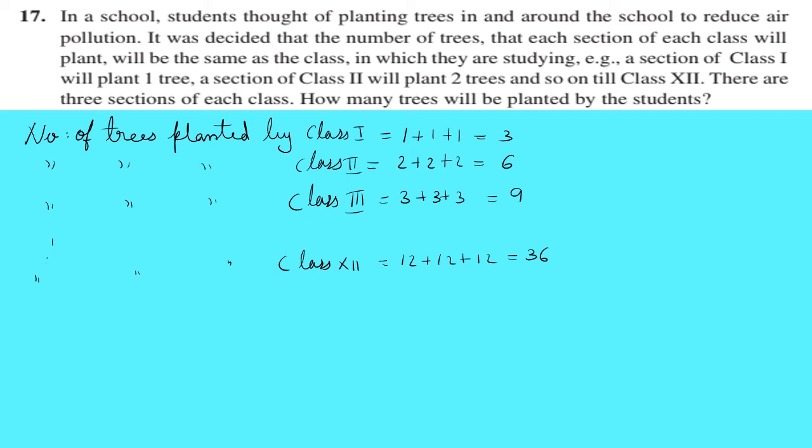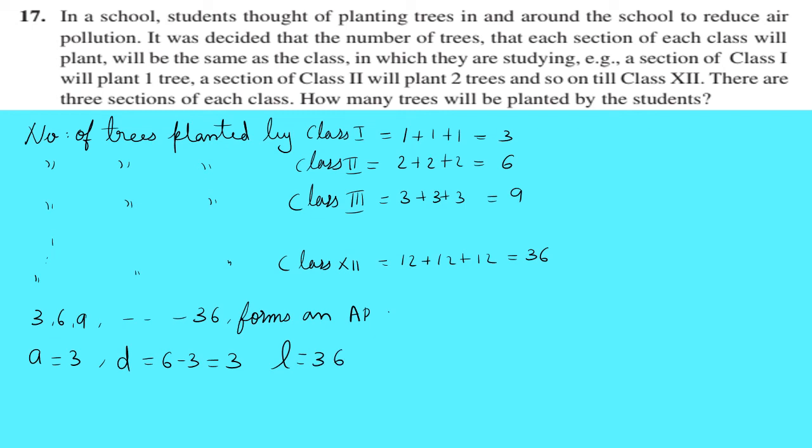So you can write 3, 6, 9, etc. up to 36 forms an AP, where a equal to 3, d equal to 6 minus 3, that is equal to 3, last term l is 36.